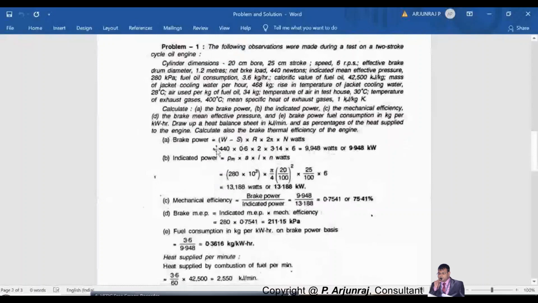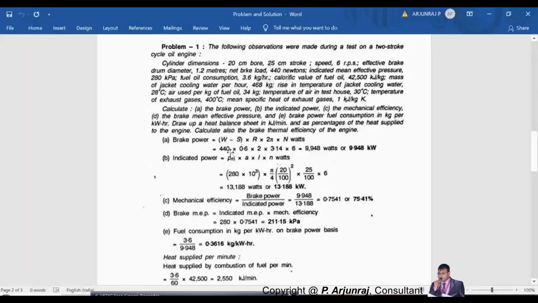So here the formula is brake power. Brake power is nothing but 2 pi N T by 60,000. Torque is nothing but the force into displacement, in Newton meter. Here the force is 440. Displacement is always either meter or centimeter.